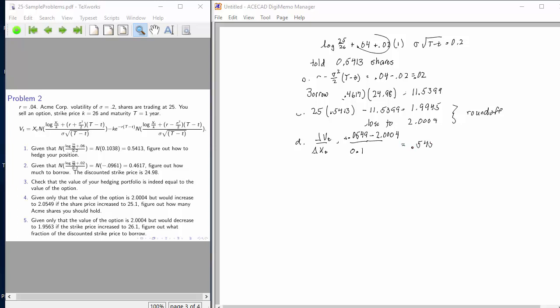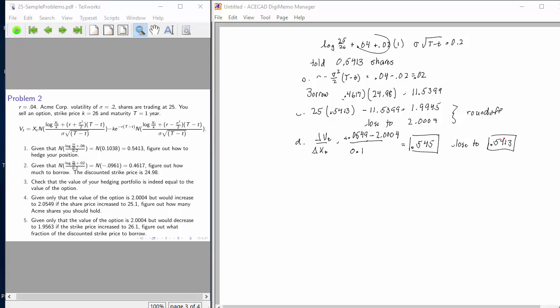So that's my estimate of the derivative, 0.545, and that is close to the fraction of a share that I need to own, which was 0.5413.